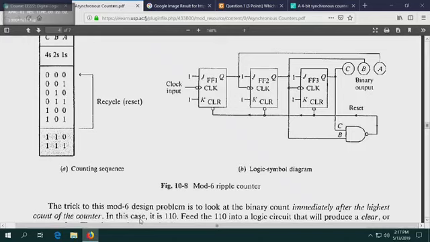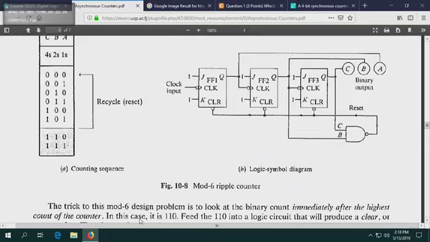The next number is 110. So the cues from the 110 must trigger some gate circuit to go and clear. So it goes from 0, 1, 2, 3, 4, 5. After 5, it's got to return back to 0.